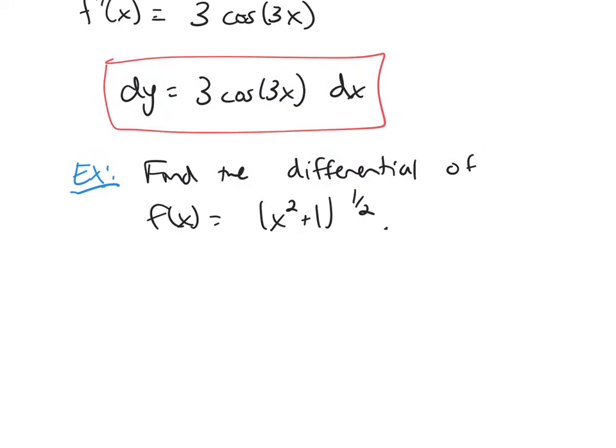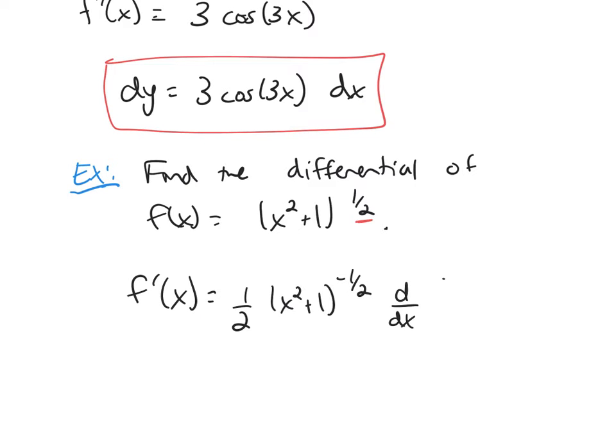So again, we're going to start by finding the derivative. And here I need to use the chain rule again because I have an outside and an inside. So you're going to start with your power, do the power rule. So 1/2 x squared plus 1 to the negative 1/2.